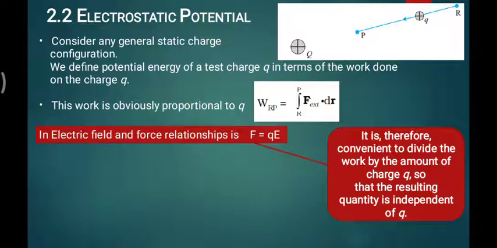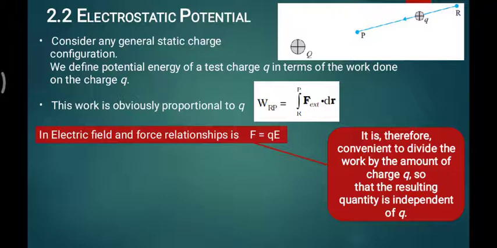It is therefore convenient to divide the work by the amount of charge. Suppose the amount of work required to bring the charge from point r to point p is 5 joules, and you have a 5 coulomb charge.